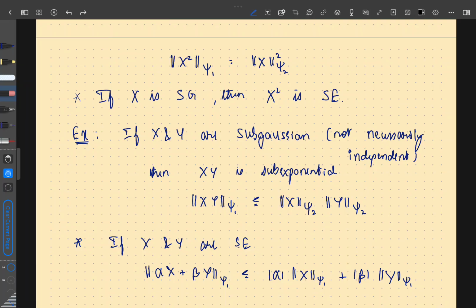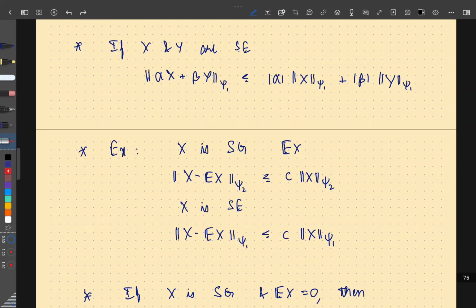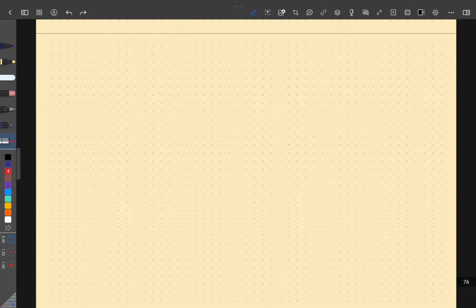The observation that x square is subexponential, or xy is subexponential, means that the L2 norm square of a random vector turns out to be subexponential, and similarly the inner product of two independent subgaussian random vectors is subexponential. So now we can derive concentration inequalities not just for sums and averages, but also for norms as well as inner products.